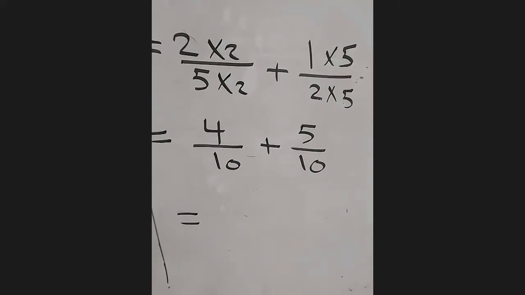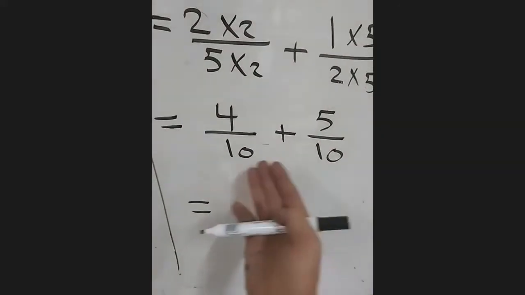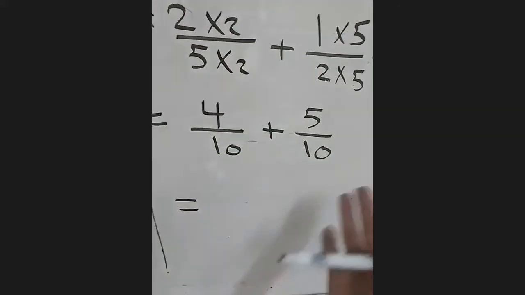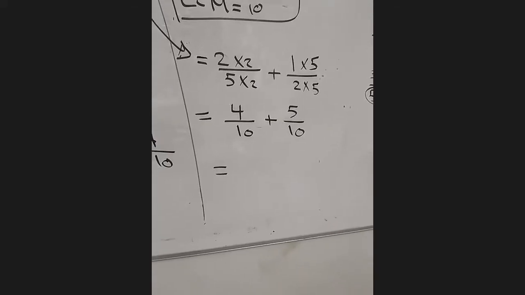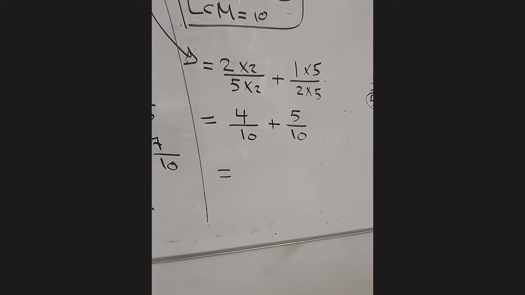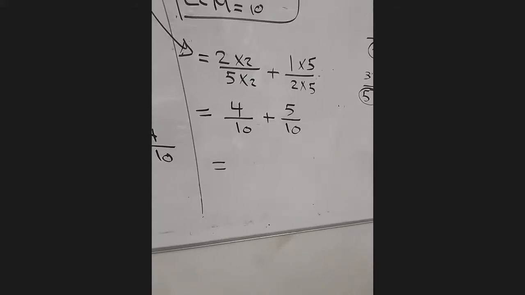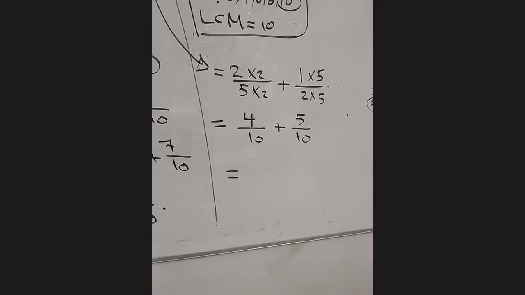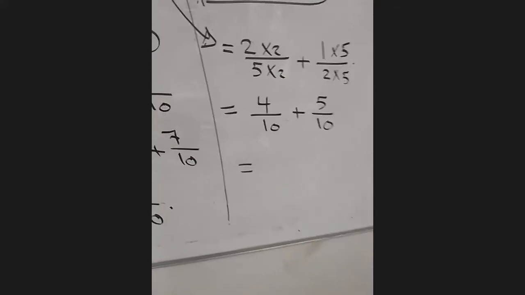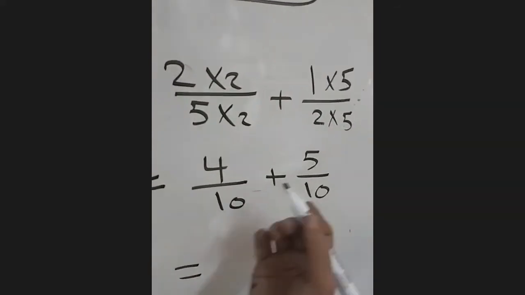Now what we have here, tell me. 4/10 plus 5/10. What do we call them, like or unlike? Like. How do we add them? Ahmed says the class did not take adding like fractions first. Okay, to add like fractions, Ahmed, look here.